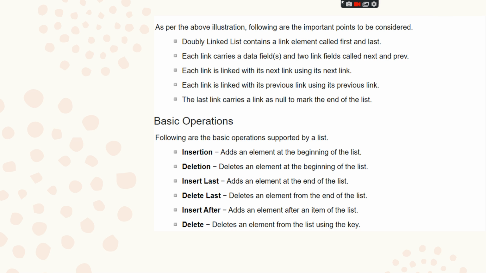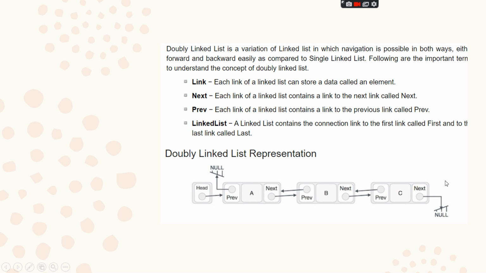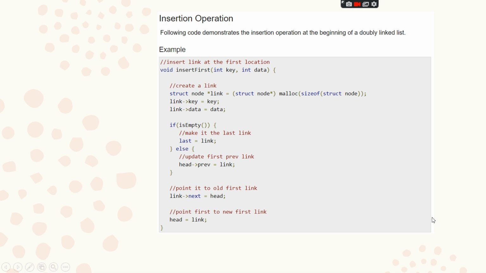That is, if one more node has to be created here, then we'll be removing this connection of next to null, and we'll be putting this next pointing to the previous of the next node. That is, one new node will be added here, and this next will be pointing to the previous of that node, and the next of that node will be pointing to the null value. That's how it's given here.